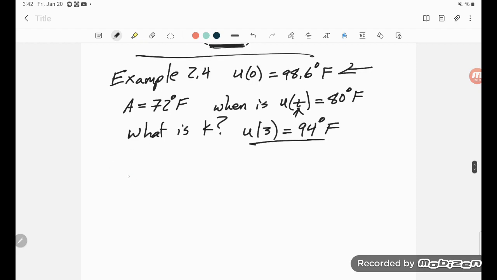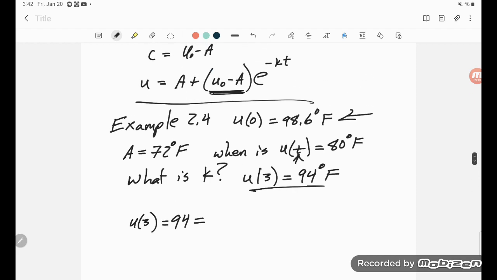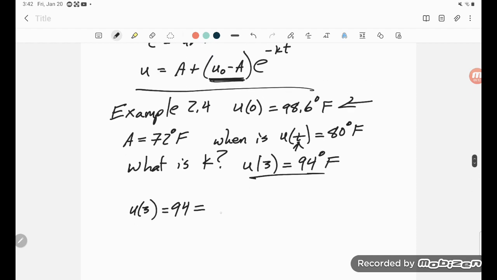I just plug it into my situation there, so u of 3, which is 94, is also equal to a, which is 72, plus 98.6 minus 72 times e to the minus k times 3.